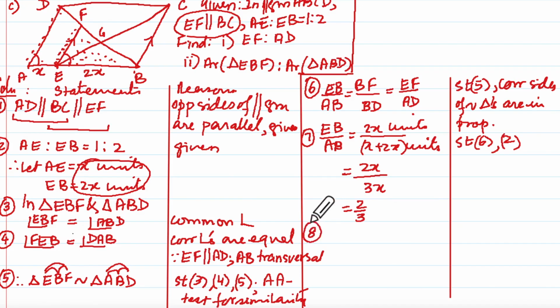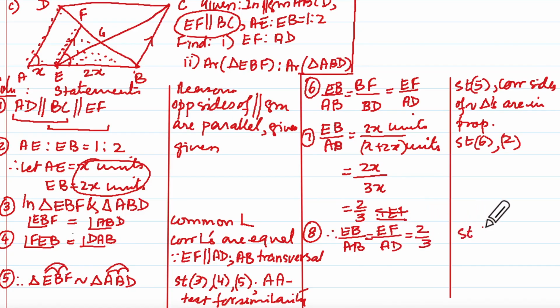Then the 8th one. No, sorry. Therefore, what you'll say, EB. No, what are they telling you? EF upon AD. So you will say, therefore, EB upon AB equal to EF upon AD equal to 2 upon 3.